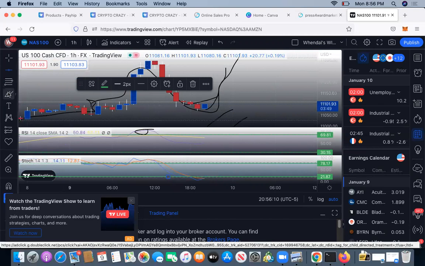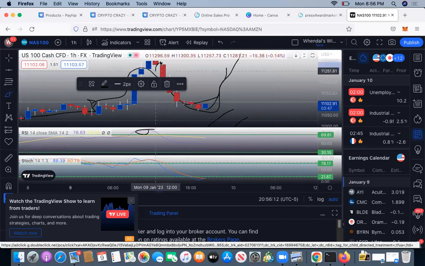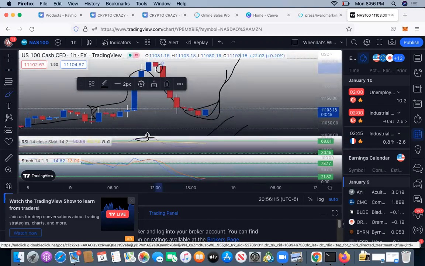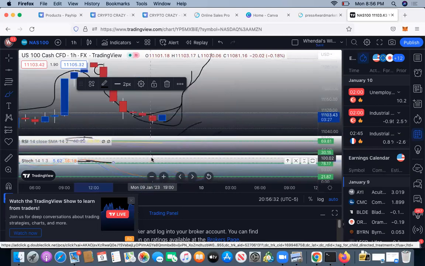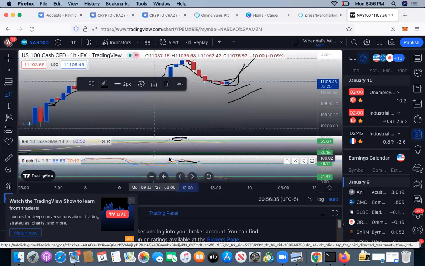This is what they show with all the confirmations for the sell. This was right here, and then right here. When the blue line crosses the orange line, then it also has to drop below this line.